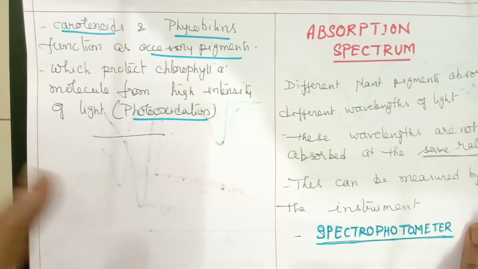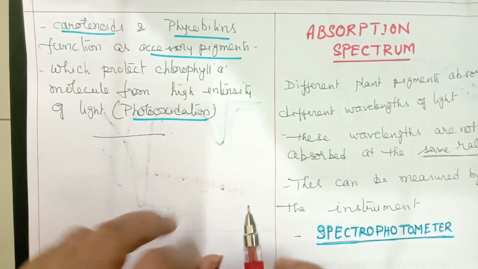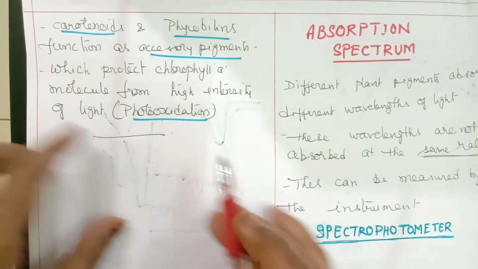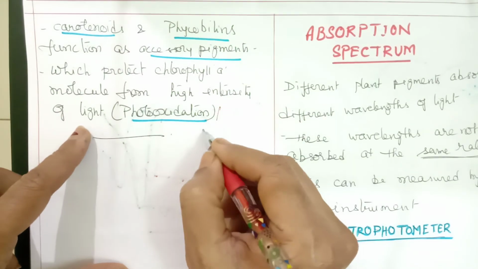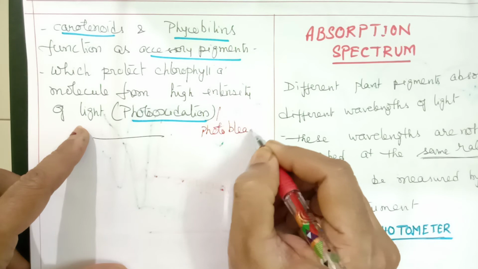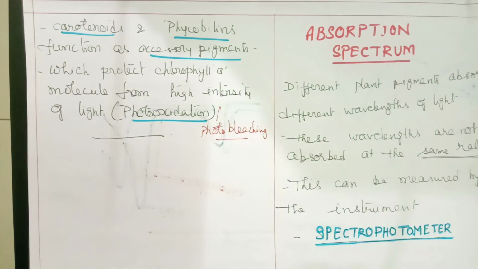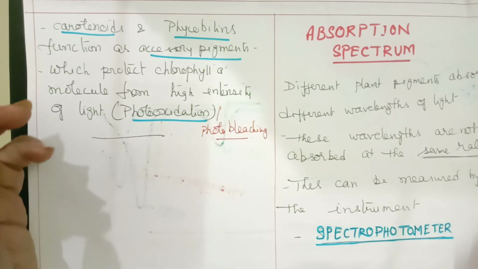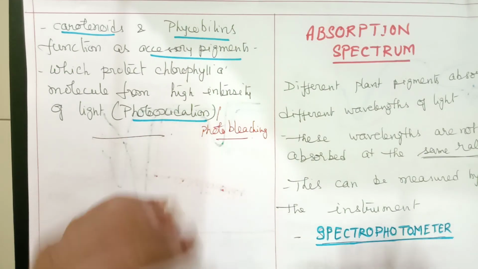That means these pigments protect the chlorophyll molecule from high intensity of light, which is called photooxidation, or it is also called photobleaching. So these carotenoids and phycobilins surround the chlorophyll molecule, forming a photosystem.